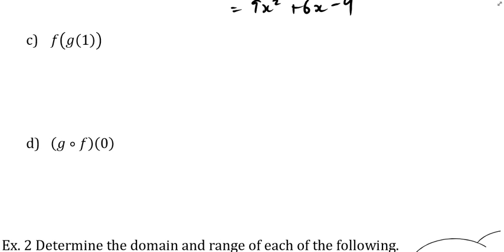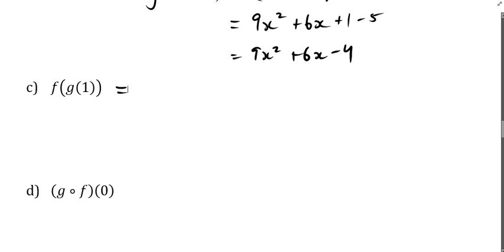Evaluating, this part's pretty easy. So again, f at x is 3x plus 1. So 3 times x, but g at x is x squared minus 5. But it's not g at x, it's g at 1. So I'm going to do this. Squared minus 5.